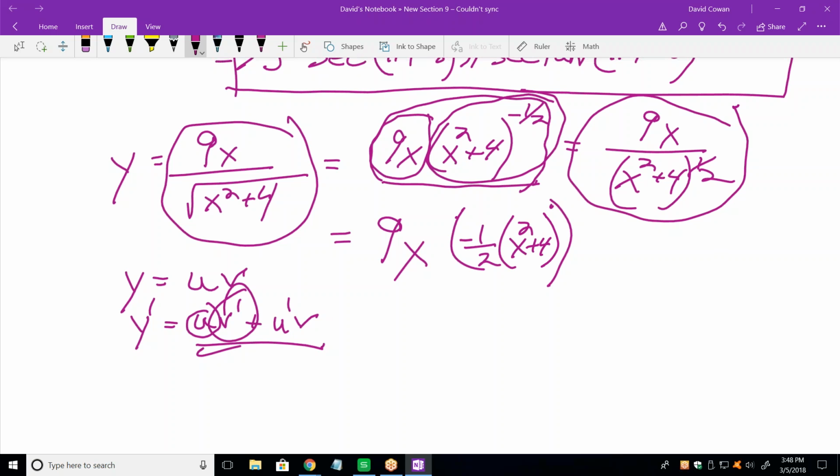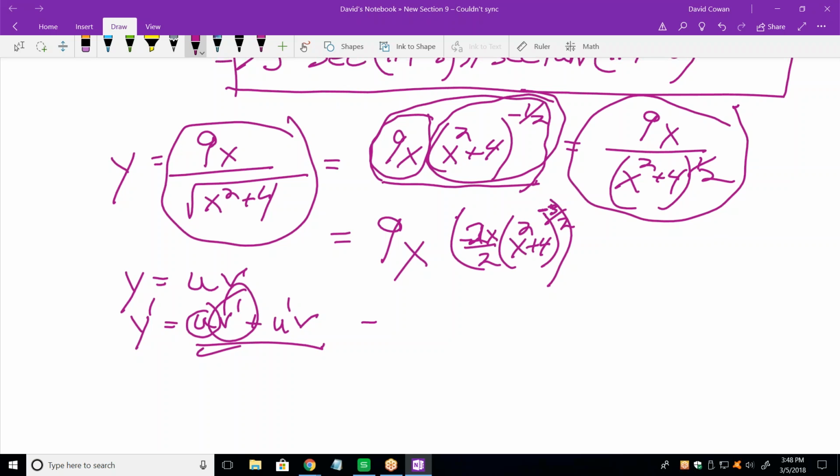Now there's more to that though, because we're looking at a chain rule application. So what does that whole thing need to be multiplied by? By the inside again, so 2x.